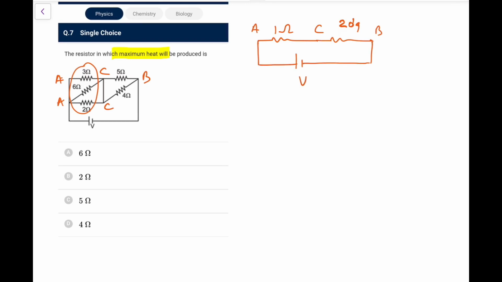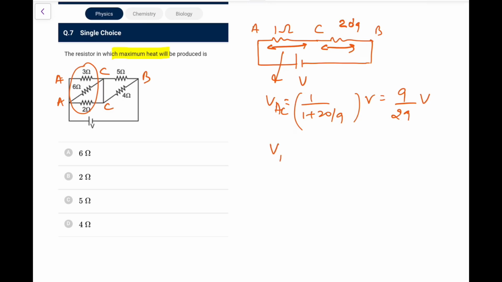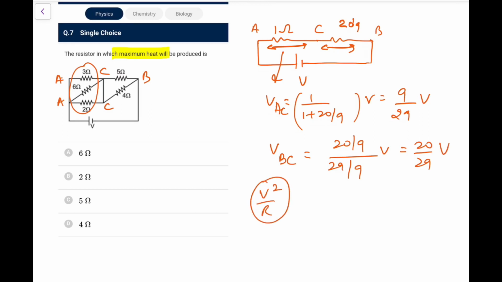So first of all, if I divide the potential, this potential V1, or VAC, would be equal to 1 upon 1 plus 20 by 9 into V, that comes out as 9 by 29 V. And V across BC will come out as 20 by 9 upon 29 by 9 into V, that is 20 by 29 V. So clearly, we can write the heat generated as V square by R. It is clearly very high in 5 and 4.